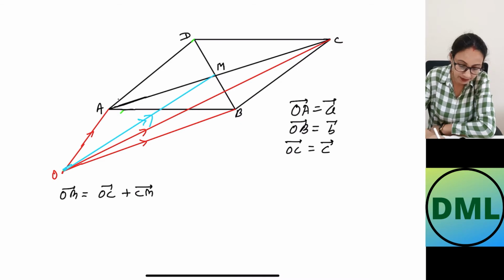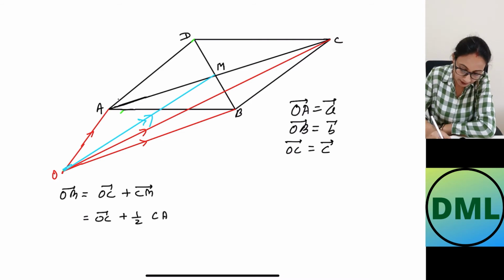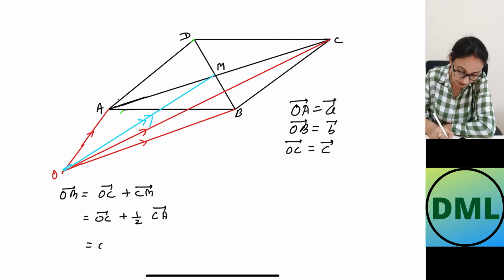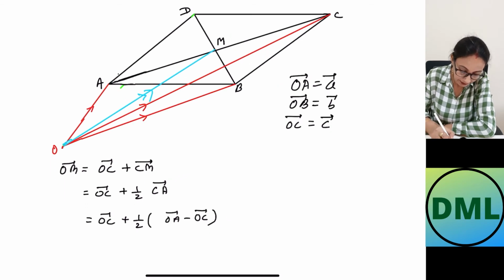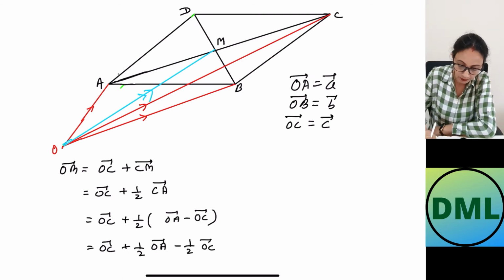Now CM vector, as we know that M is the midpoint of AC, so CM will be half of CA vector. Let's put the value: OC plus half of CA vector. Now if I write down the CA vector in terms of the position vector form, that will be half of OA minus OC vector. Let's open the bracket first. That will be half of OA minus half of OC vector.